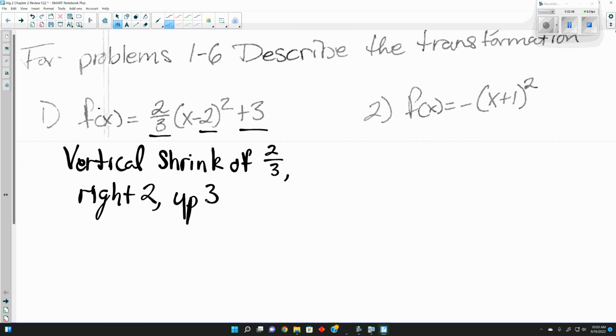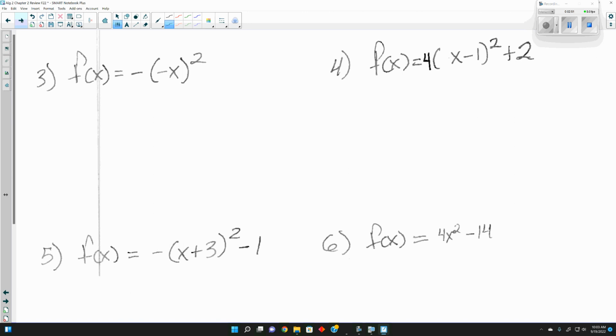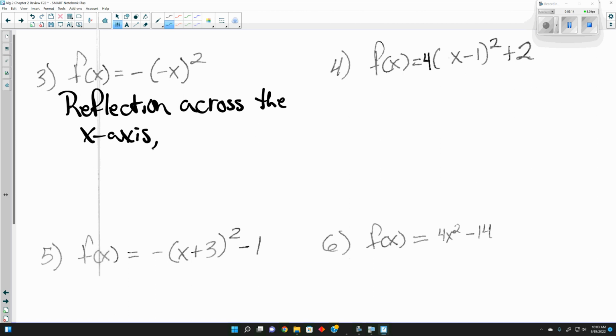Number 3, so we have negative, parentheses, negative x, close parentheses, squared. So we have 2 negatives. Those are going to be our movements. Now, the negative outside the parentheses is a reflection.